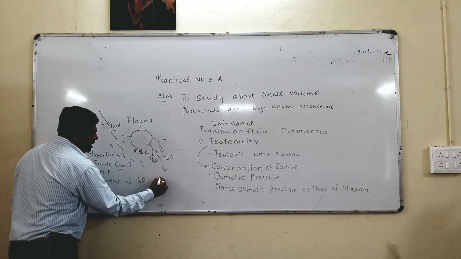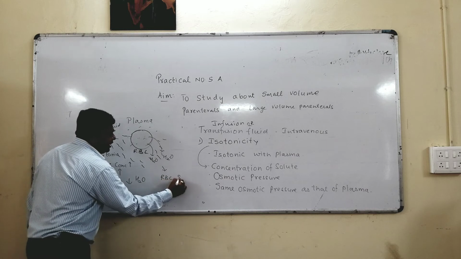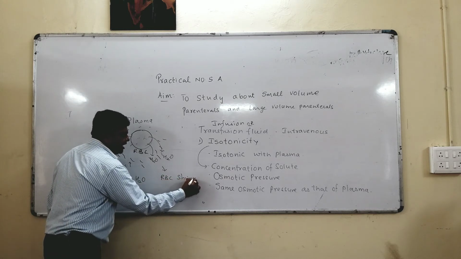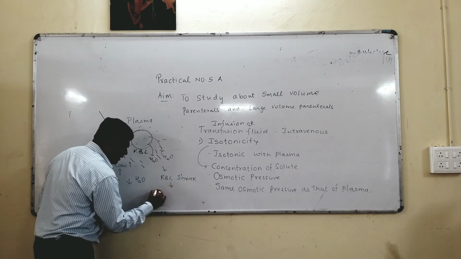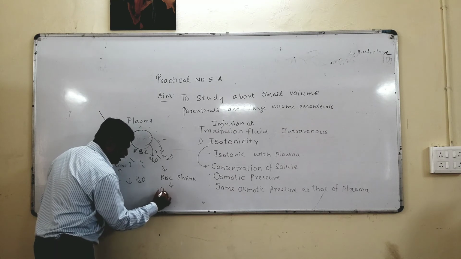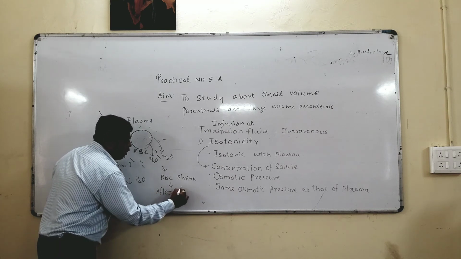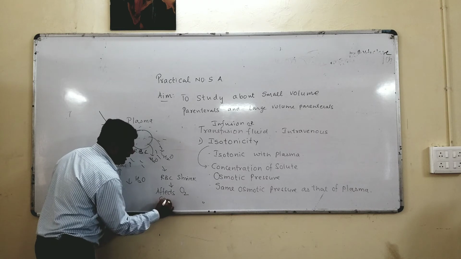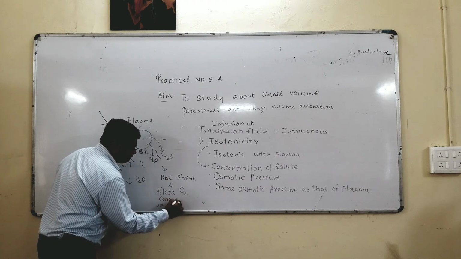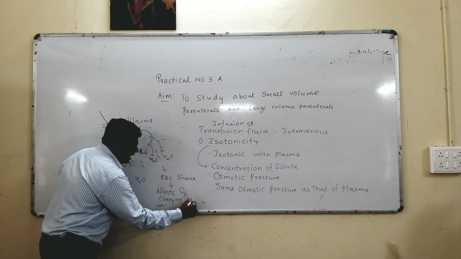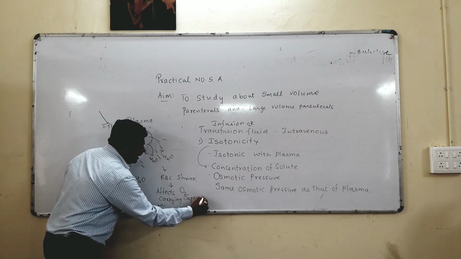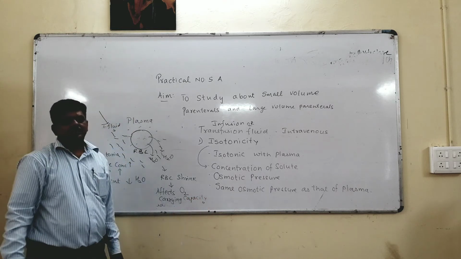And hence RBC shrink. And when RBC shrink, it affects oxygen carrying capacity. That means our cells will get less oxygen.